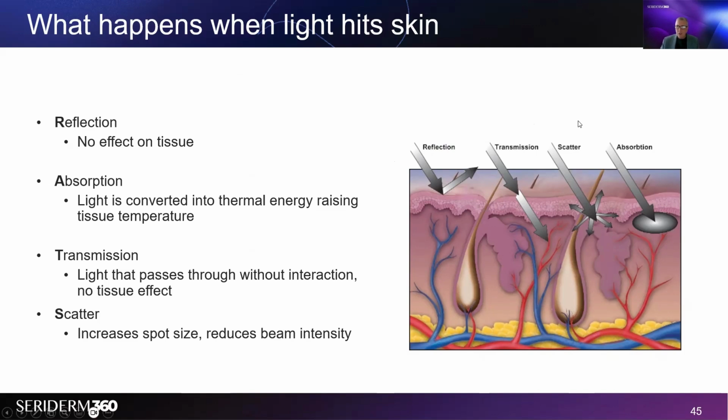So what we need to do is prepare the skin. We're going to talk about that a little bit later. But if we prepare the skin and we use it in the right contact, with the right angle, we can minimize the amount of reflection, therefore increasing the amount of absorption, because it's the increase in absorption that's going to give us the temperature rise we're looking for.